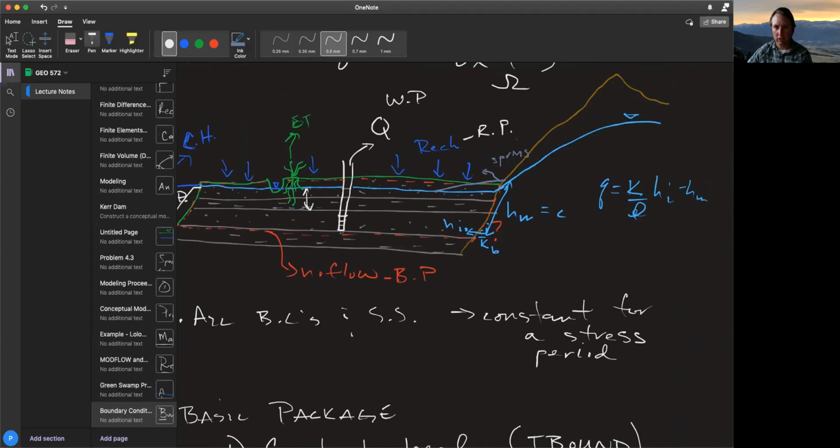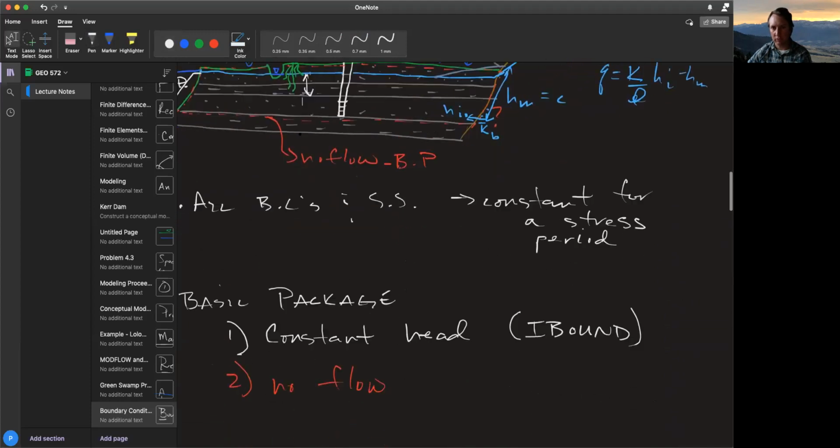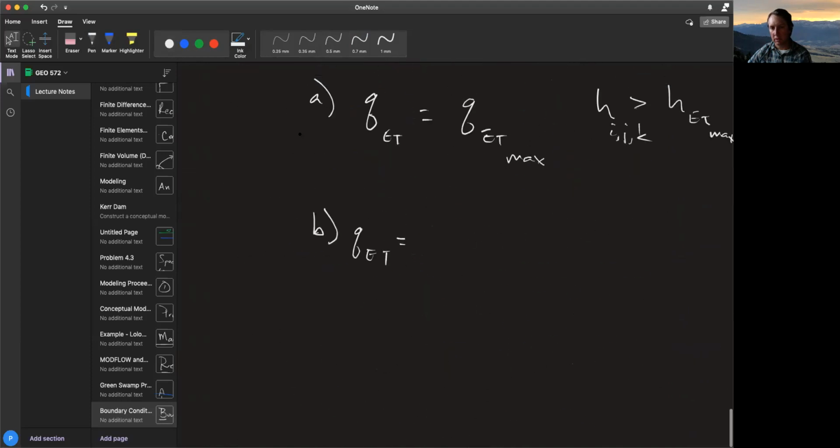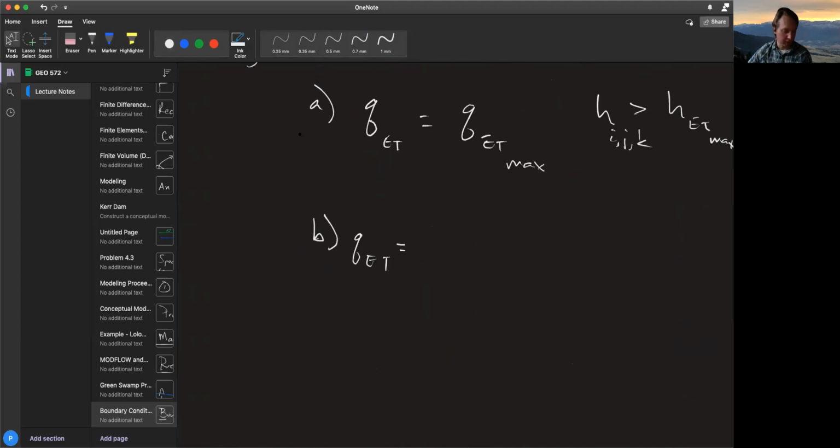So in this zone, we're going to say ET varies linearly. As the head gets lower and lower, the plant can suck out less and less water. I want you to know that there's not a lot of physics behind this. It's just a way to reasonably take care of this problem.